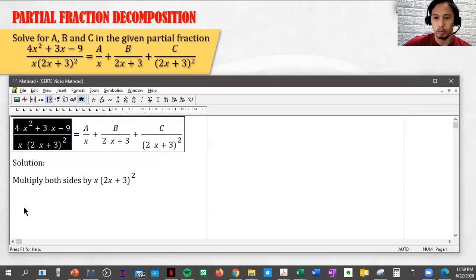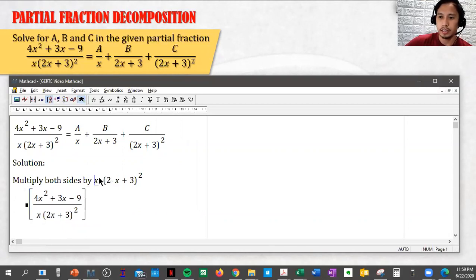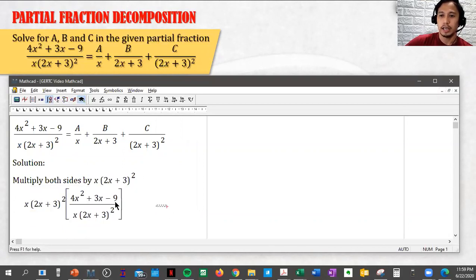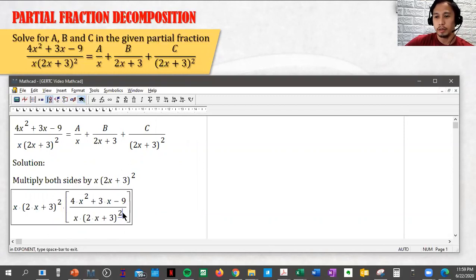by this expression, x times 2x plus 3 quantity squared. So, if we're to do that, multiply this by x times 2x plus 3 quantity squared, and that is equal to this.